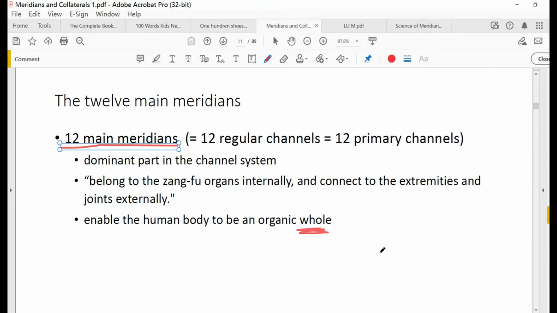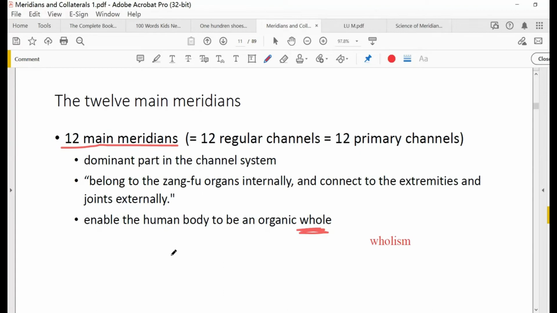This word is very important for TCM. TCM talks about holism. That means we will not see the human body as just the lung being the lung, the kidney being the kidney. We see the body as a whole.